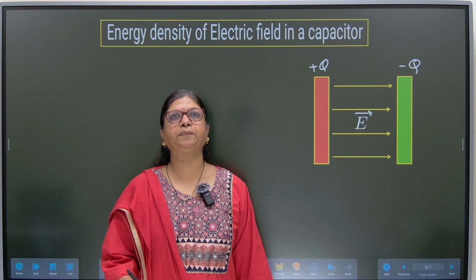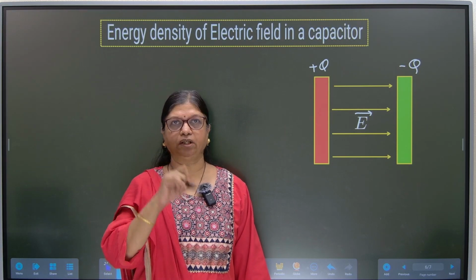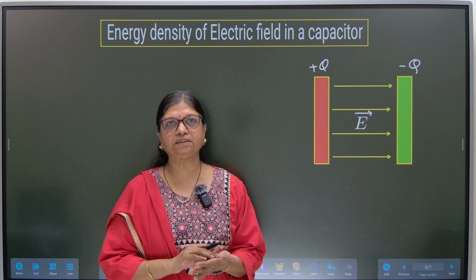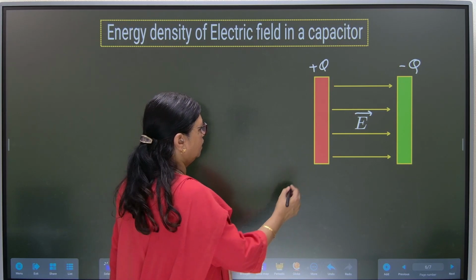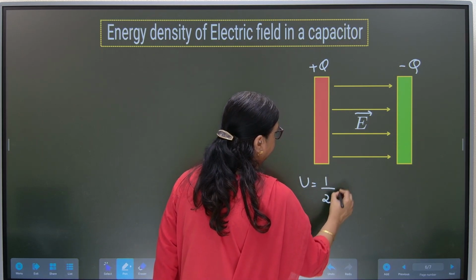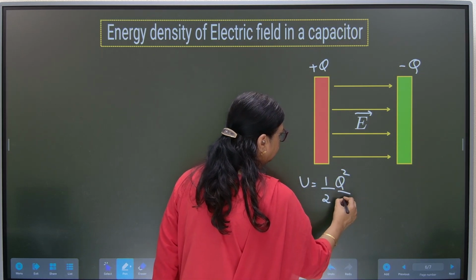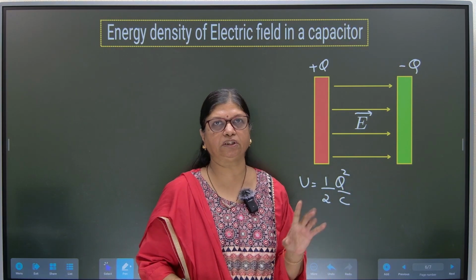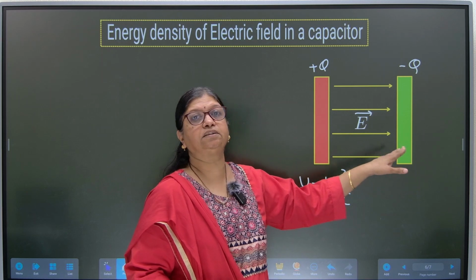So continuing the previous stage, we have learned that the energy stored in the capacitor is having the formula U is equal to half Q square upon C. Other conversions also we have discussed, but let us consider this conversion at present. Where is this energy stored?